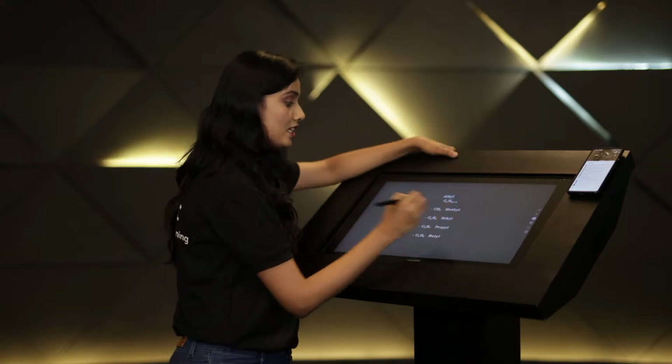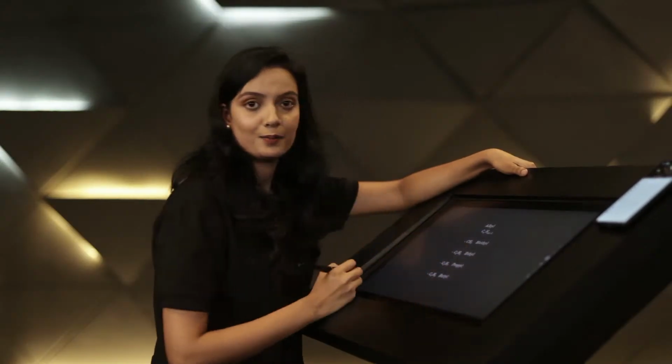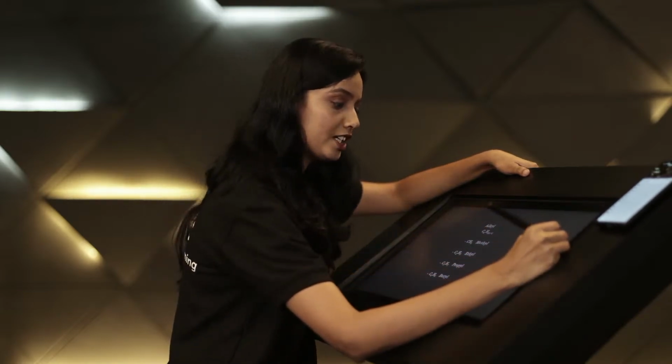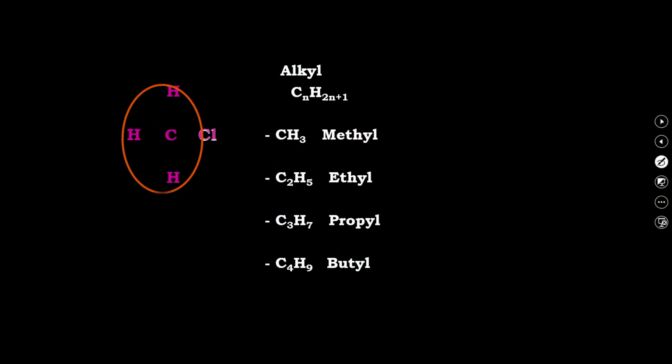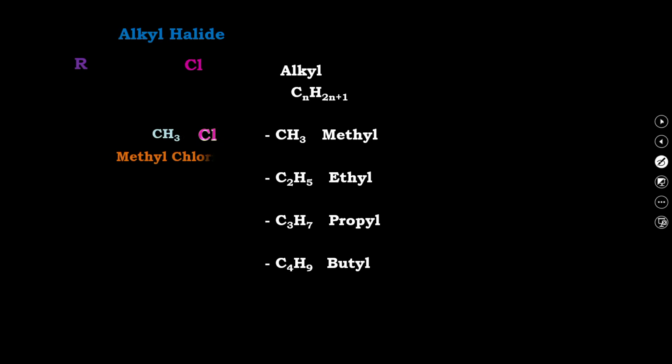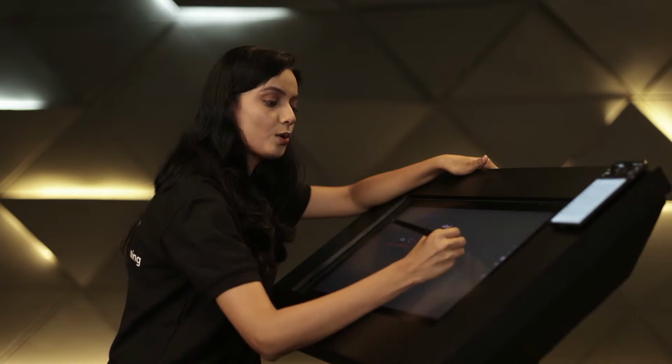Now if I add one chlorine here, that means in place of hydrogen one chlorine is there. So, I get CH3Cl and the compound is known as methyl chloride, or it is also known as chloromethane.